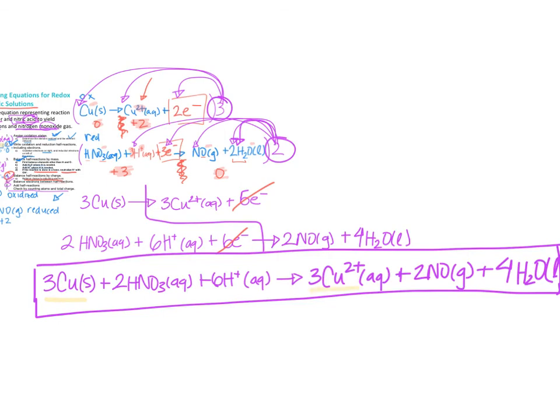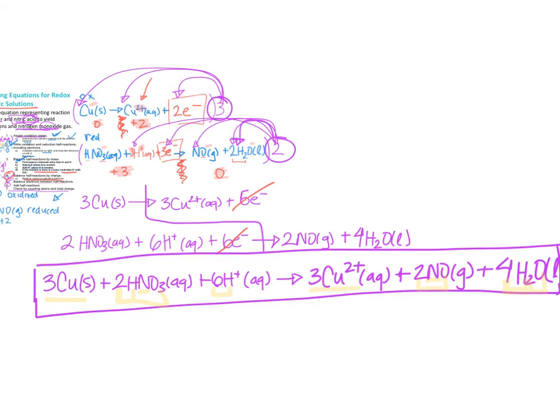I have a total of 2 nitrogens right there, 2 nitrogens right there. I have a total of 2 plus 4, that's 6 oxygens, and also right there. And then I have a total of 8 hydrogens on that side. I have 2 hydrogens right there, 6 right here, that's also 8. So just a real quick check.